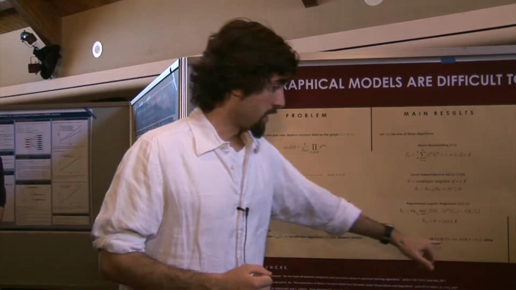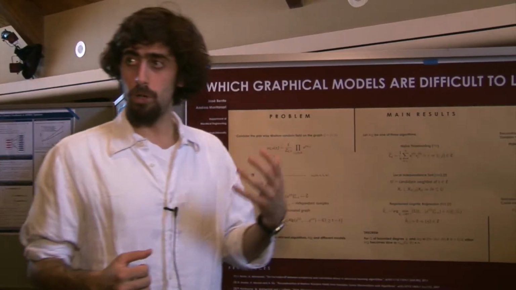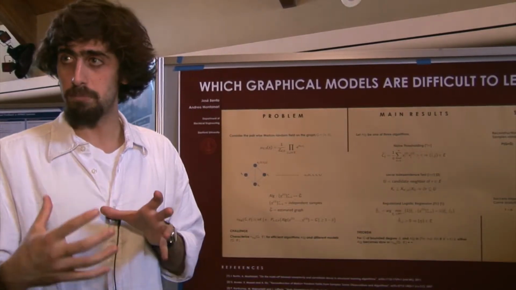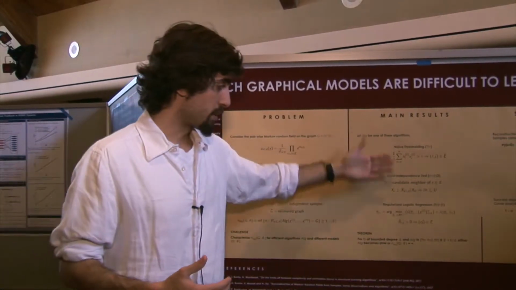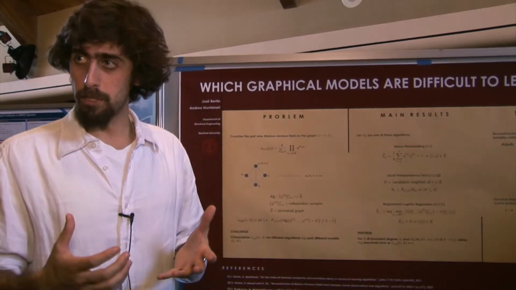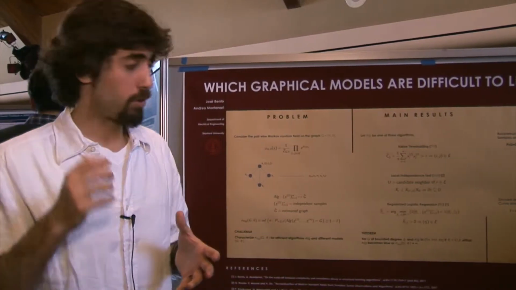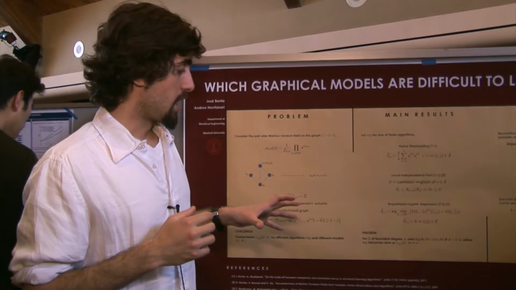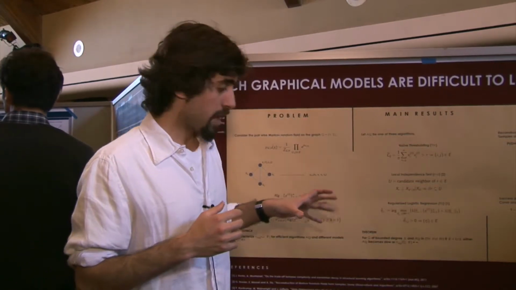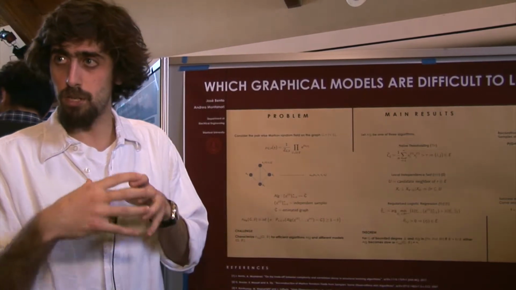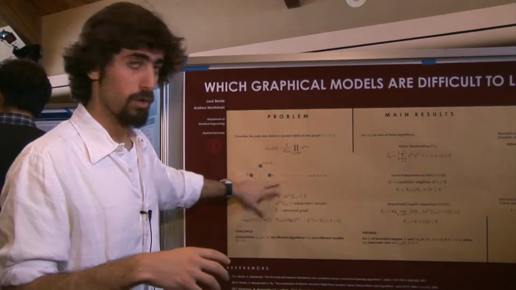And if the connection strength is smaller than some other constant divided by the maximum degree of the graph, then all these algorithms will work in polynomial time with a constant degree in the exponent, and will require a number of samples that is logarithmic in the number of nodes in the graph.